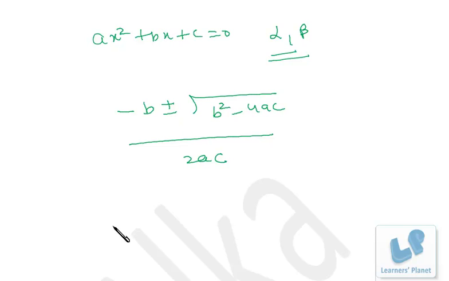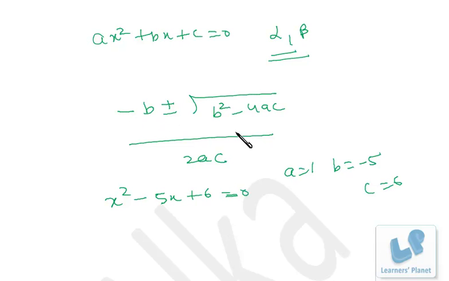Suppose I have the equation x square minus 5x plus 6 is equal to 0. If I have to find the roots of this equation, I can easily put in the values of a, b, c by comparing with this equation. So a is 1, b is minus 5, and c is 6. Put these values in the formula.